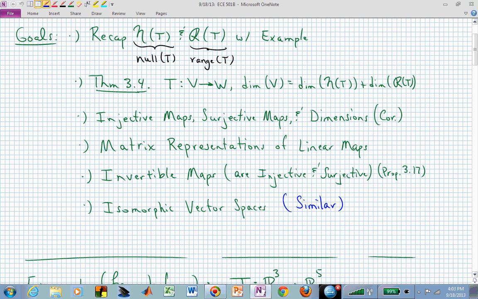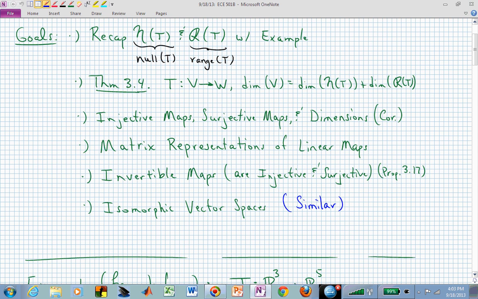Once we have these matrix representations, then we'll start talking about invertible maps, which really means that the maps have to be both injective and surjective, and we'll see what that translates into in terms of a matrix description. What does that mean?